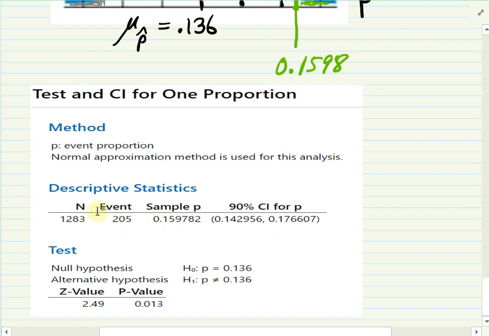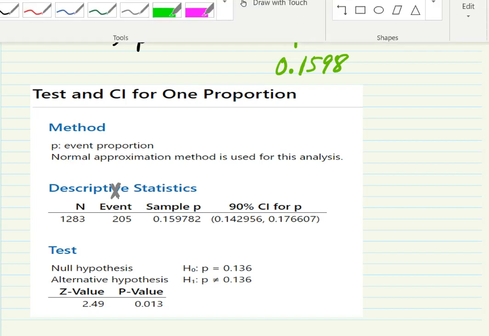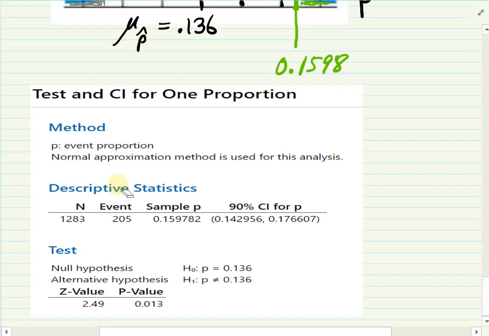Now here, event, that's actually the number of successes, X. That's what Minitab calls it. Minitab calls that event. So that's actually your X value. And the method is normal approximation. Minitab actually does exact hypothesis tests, and it does also normal approximation, which is what we want to do in this course.